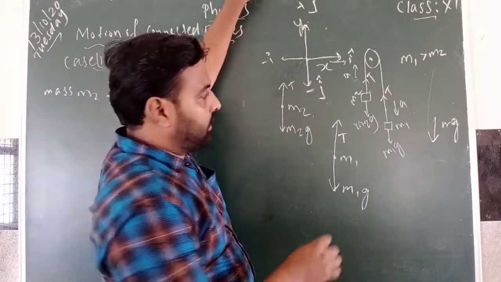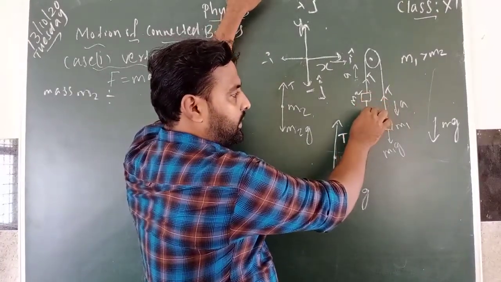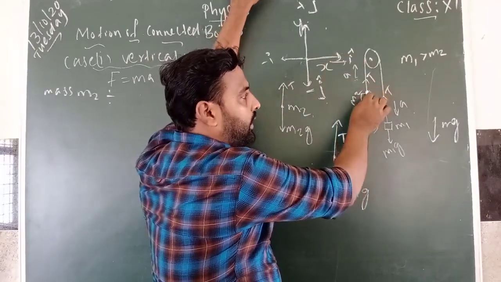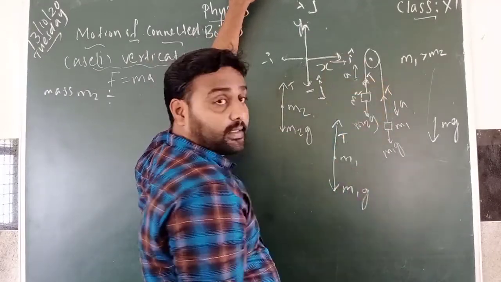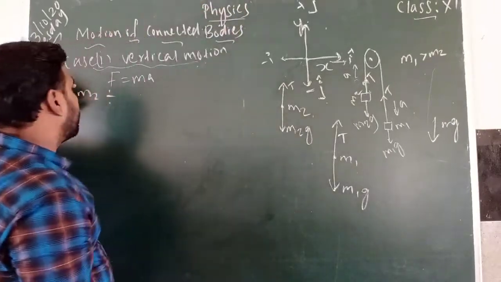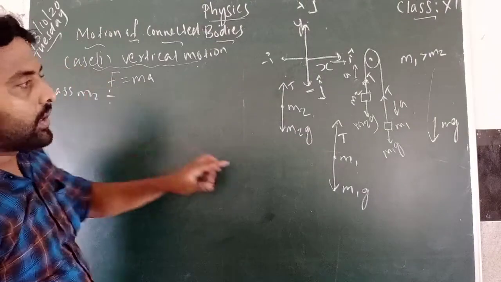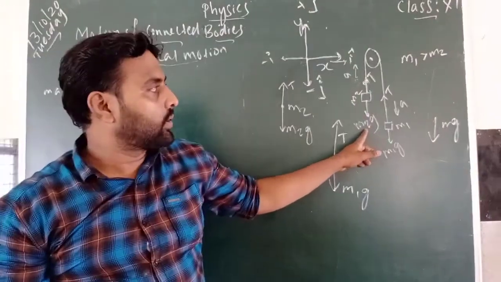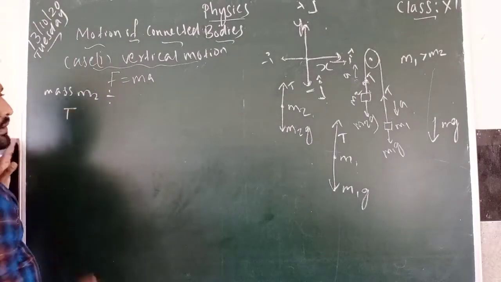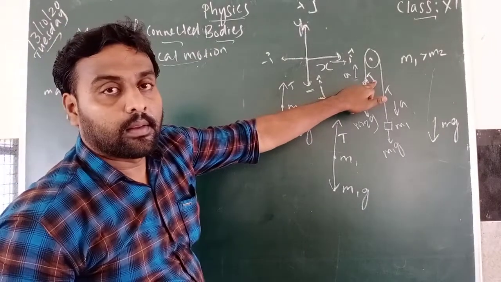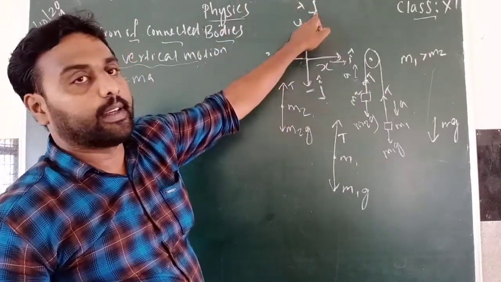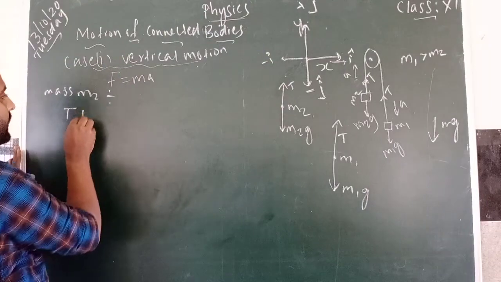Now you see, the gravitational force is downward and the tension is acting upward. Our formula is F equals ma. The total forces acting are the gravitational force and the tension force. So T acts upward, in the j unit vector direction, so T j.